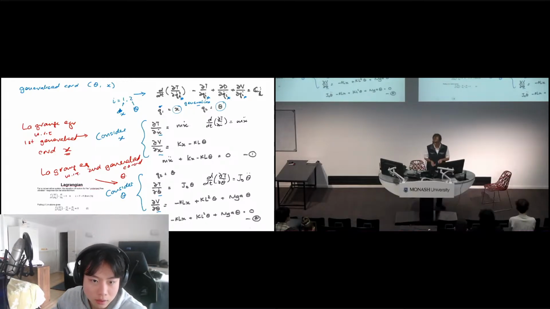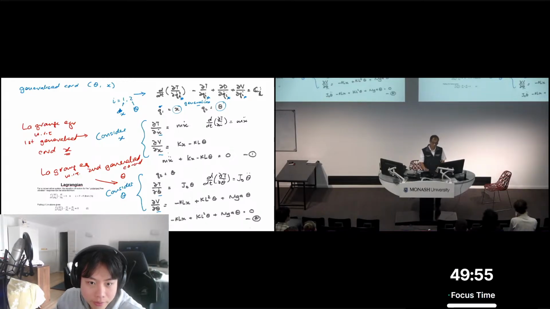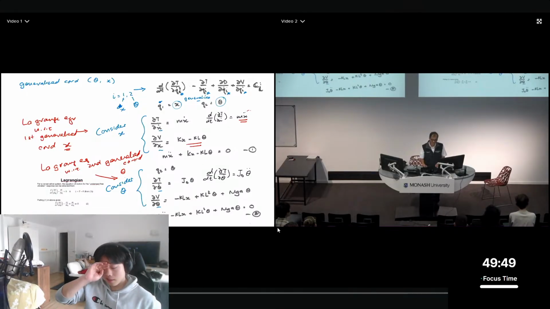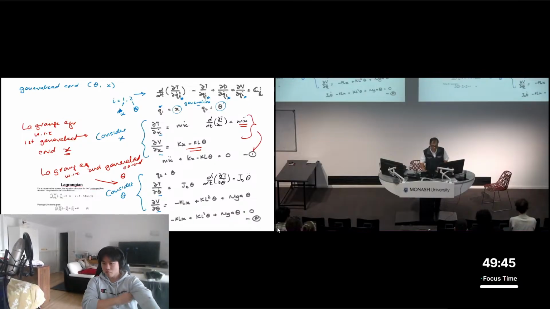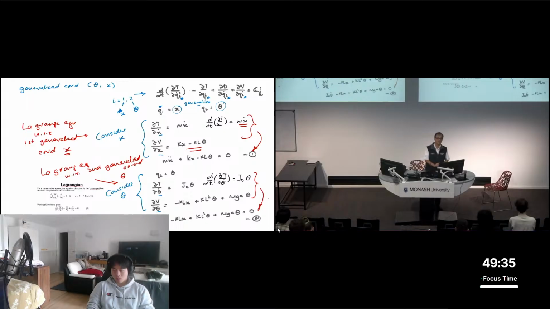Any questions? So you see, when you do all this derivative, you will have these terms and this term. Then you put them back into your Lagrange equation, and there you have your first equation of motion. You do the same for the second generalized coordinate. You assemble these terms here, and you have the second equation of motion.